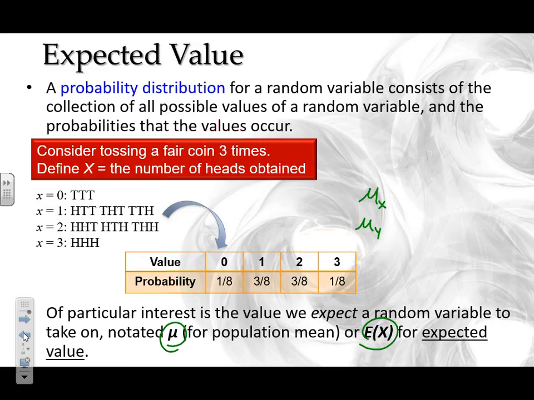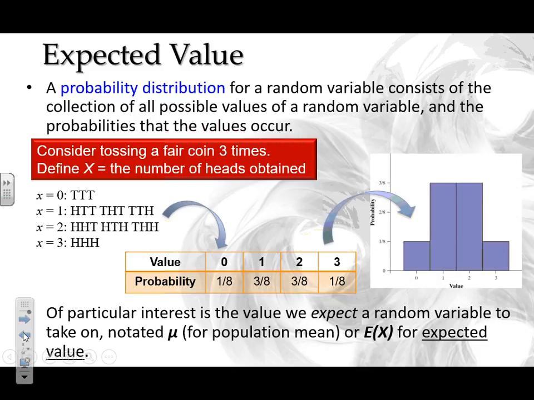Okay? So, what we're looking at here is basically trying to find, if we look at our probability distribution as an actual distribution, so we create a histogram. We can create a histogram based on our probabilities. Getting a 0 had a 1 in 8 chance. Getting a 1, 3 in 8. 2, 3 in 8. 3, 1 in 8.